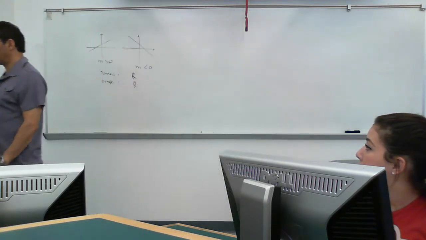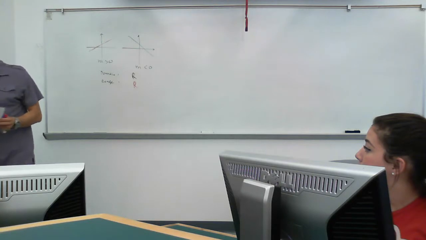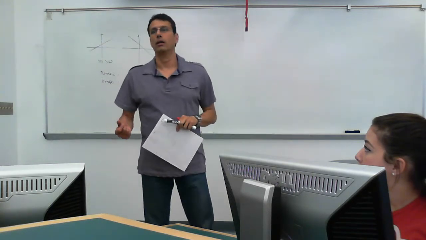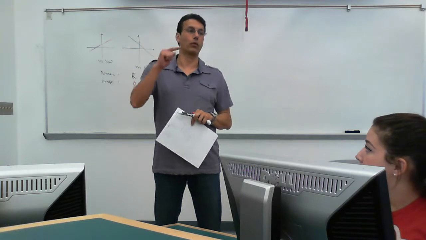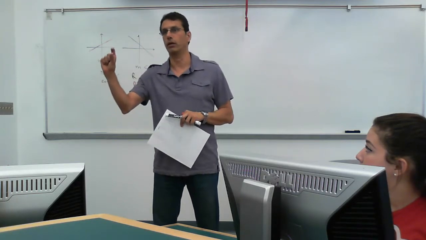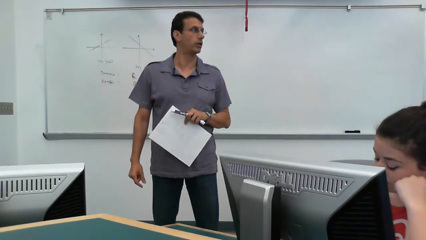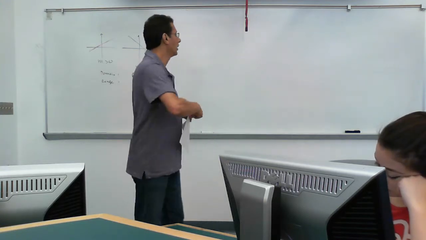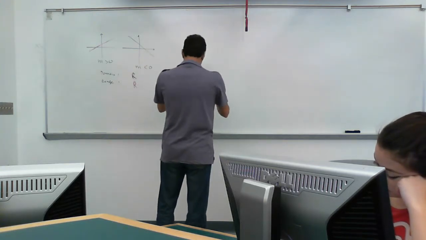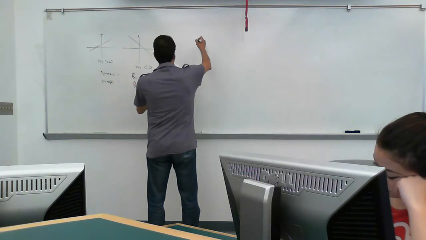How do you solve for a specific variable? In fact, when you solve for y, then you can replace it with function notation and call it f of x. Now, a couple of questions came about, I'm going to write them.